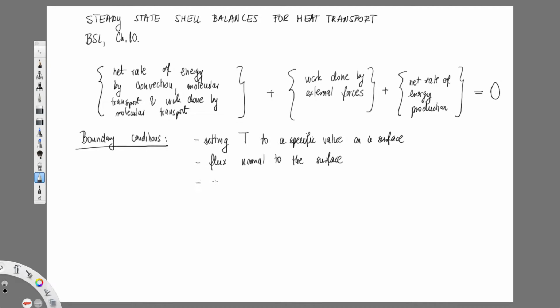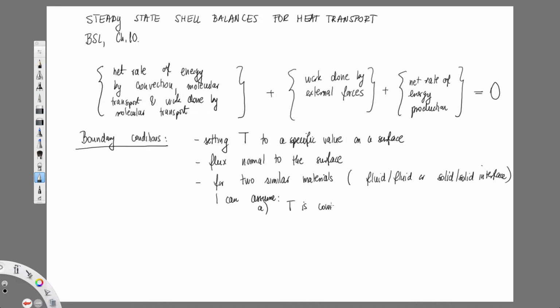So if I have two similar materials, and by that I mean a fluid-fluid or solid-solid interface, I can assume the following: temperature is continuous at the boundary.